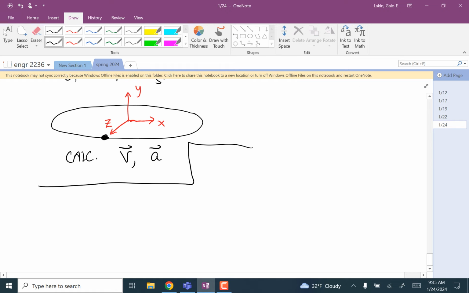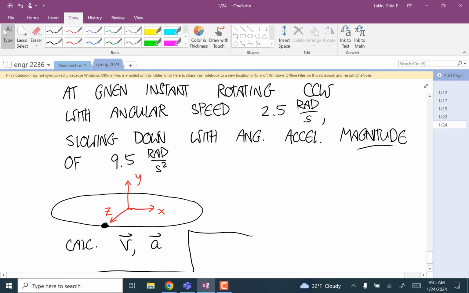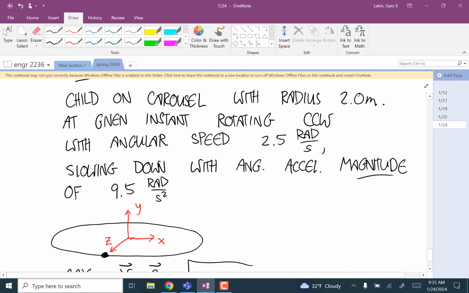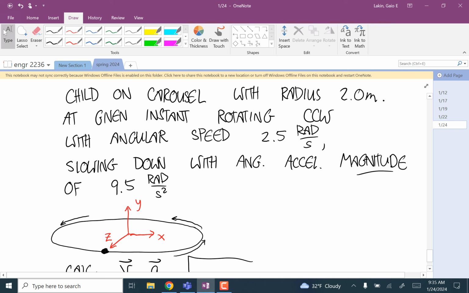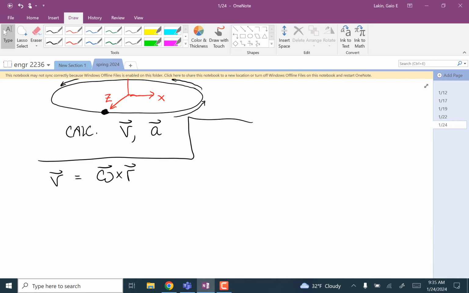Okay, so first for the velocity, we know we're going to use this equation. We just have to figure out what these values are. It's rotating counterclockwise, so this way. The angular speed is 2.5 radians per second.